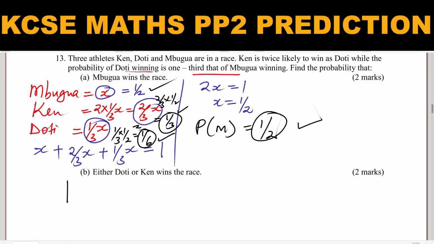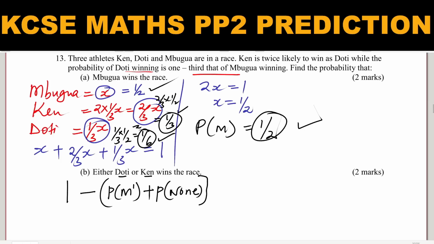So if you take the sum of the probability of the 3 of them to be 1, then you subtract the probability of Mbogwa, because you want only where Dottie and Ken wins to remain. Then you subtract the probability of Mbogwa not winning, which I will represent by M prime, then plus the probability of none of them winning.